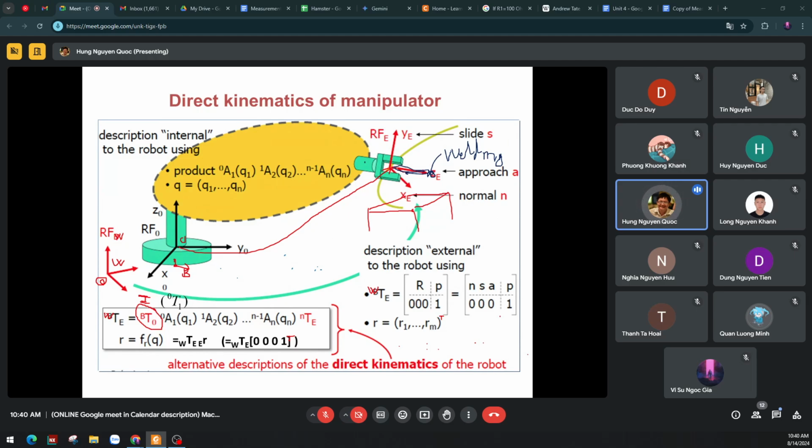But at this point, maybe you also attach a tool here, and you also need to find the transformation from N to E. E means the endpoint.